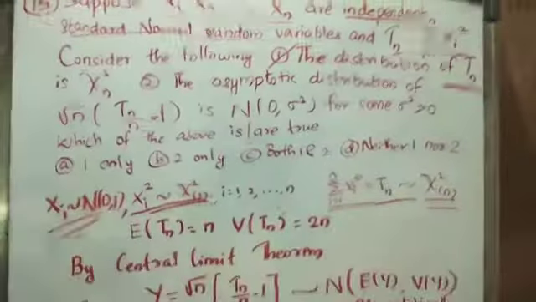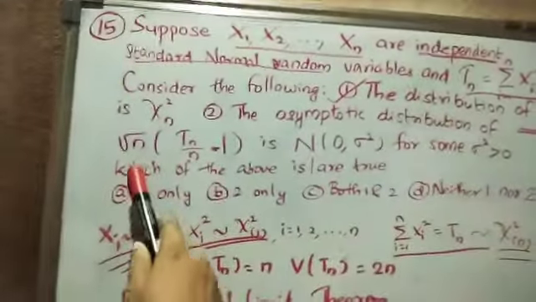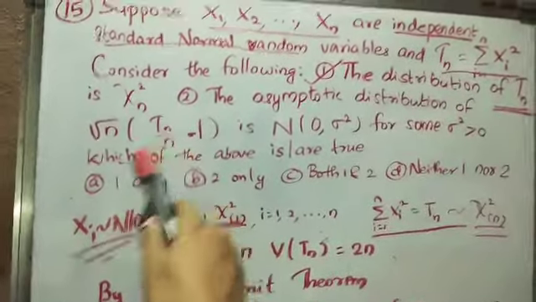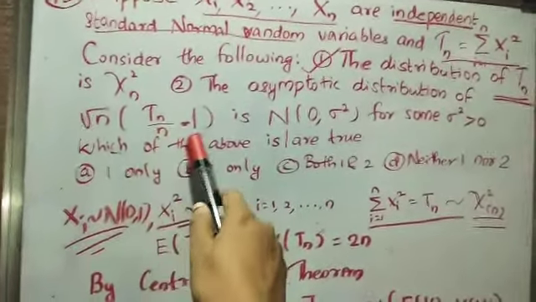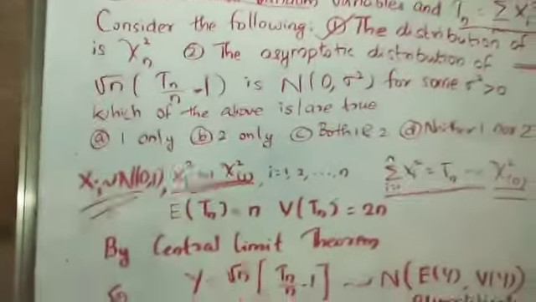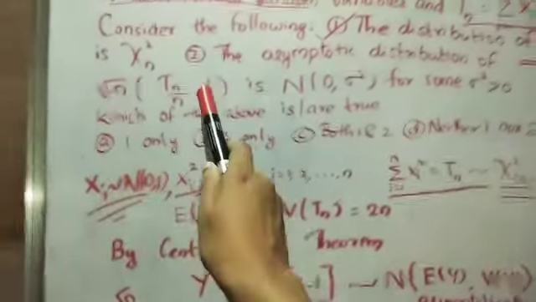We have to find the asymptotic distribution of root n into Tn by n minus 1. Let y be equal to root n into Tn divided by n minus 1.